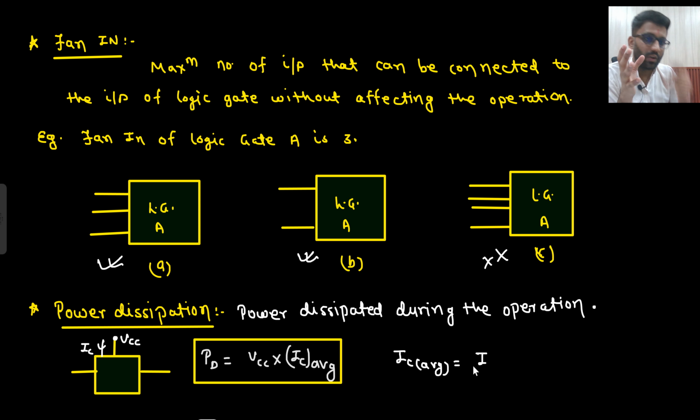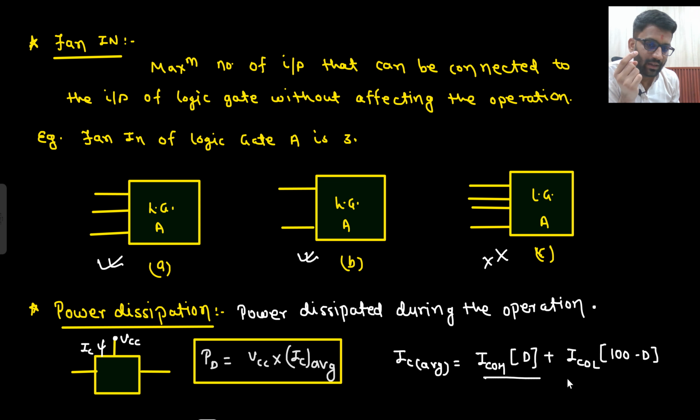So if output is high, how much current is going? ICOH I am writing. Okay. Now into duty cycle D, if output is high, plus output current when output is low, into 1 minus duty cycle, that is 100 minus duty cycle divided by 100.